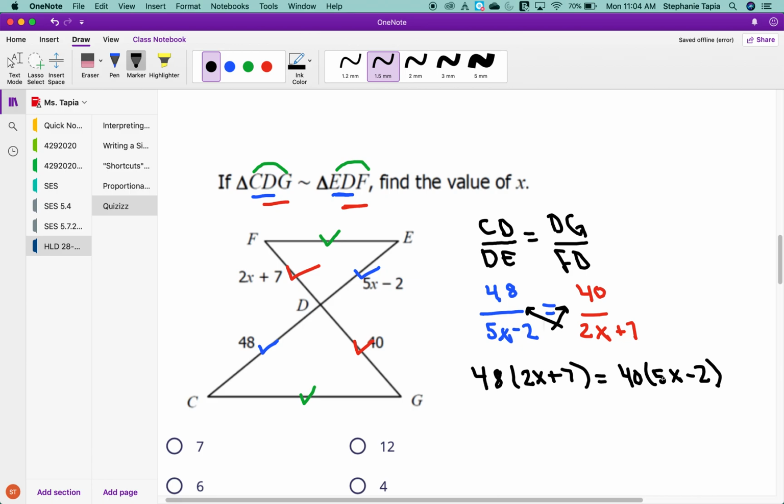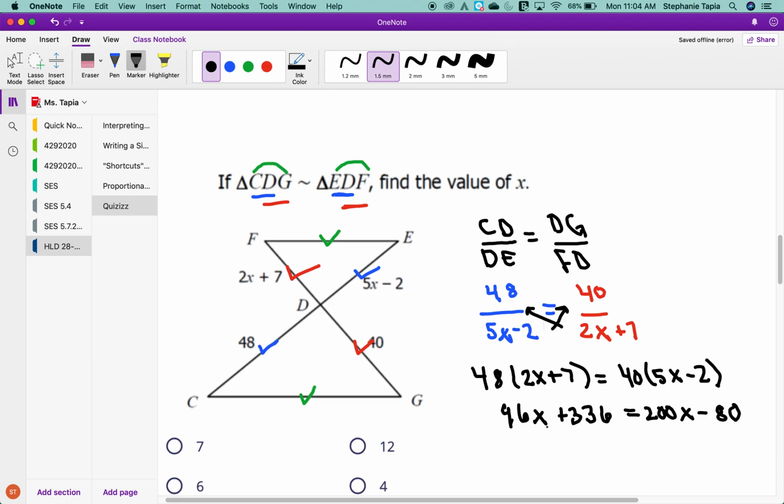And I have 48 times 2 is going to give me 96x. 48 times 7 is going to give me 336. 40 times 5 is going to give me 200x. And then 40 times negative 2 is going to give me negative 80.